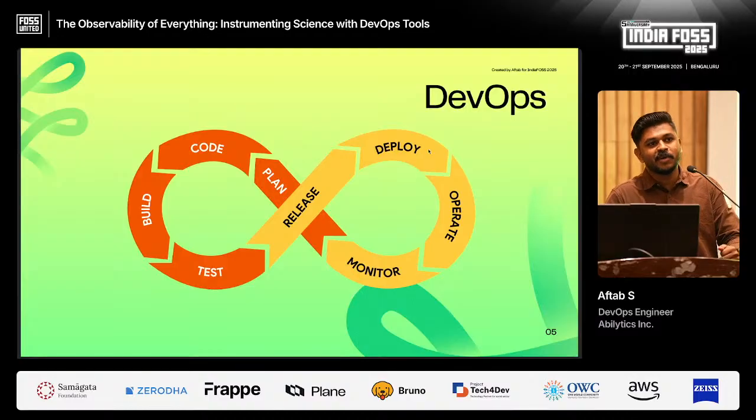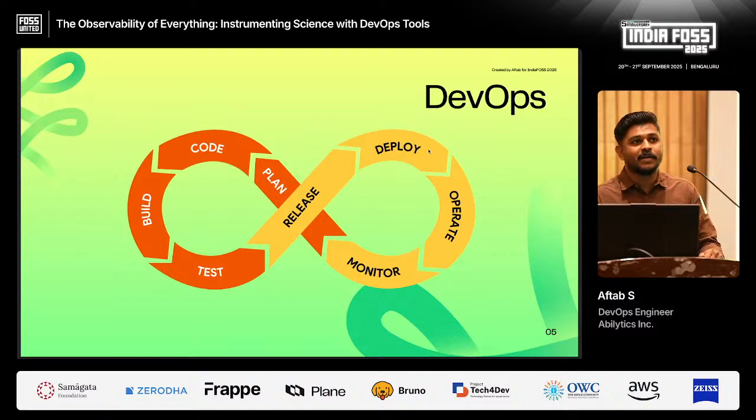Science has been doing DevOps for a while now, but they don't use version control or, let's say, containers. It's just that they weren't using the right tools. Recently, people in the research field, scientists, have started adopting DevOps practices for scientific research.